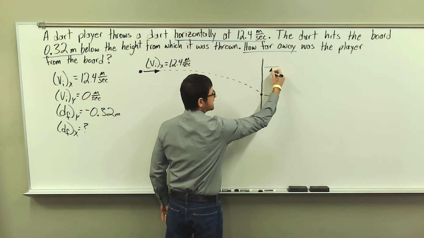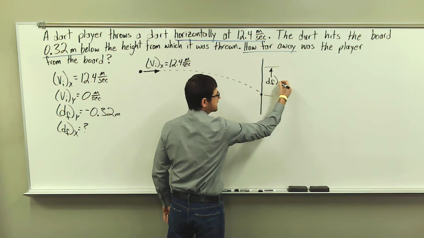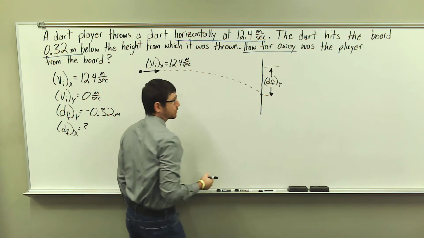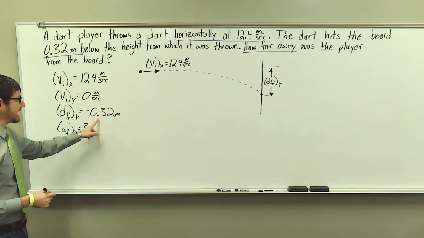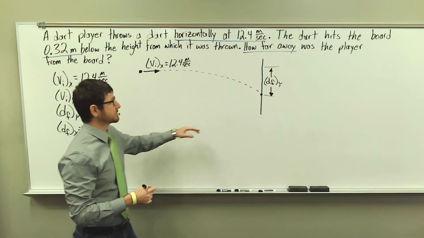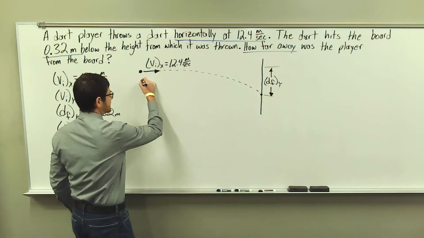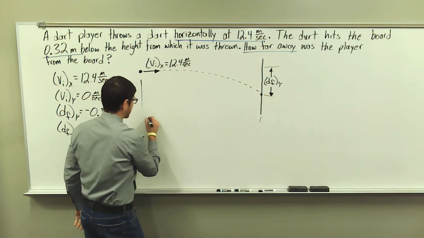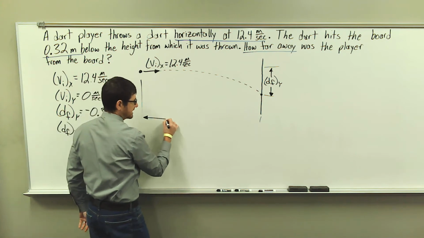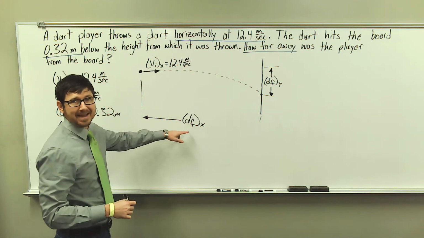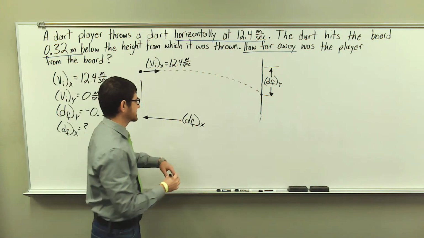And we will call this the final displacement in the y direction. And we have indicated that that is a negative 0.32 meters because it falls 0.32 meters. And we need to calculate the final displacement in the x direction. And we're identifying that by d sub f sub x.